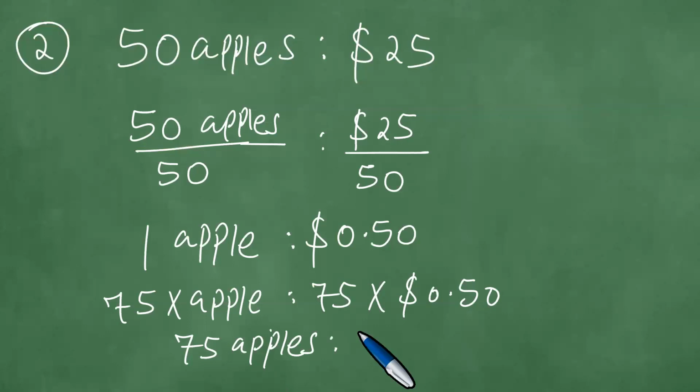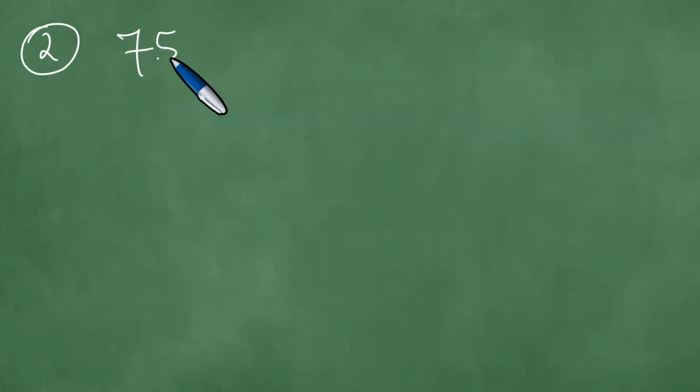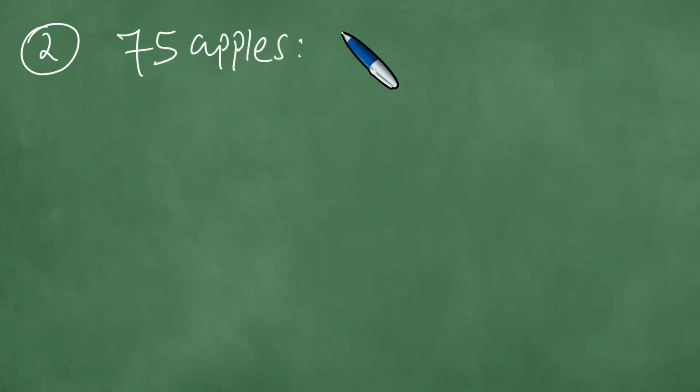Okay, that is what we have here exactly if you use a calculator. So in other words, the answer to the second question is that 75 apples will cost $37.50.